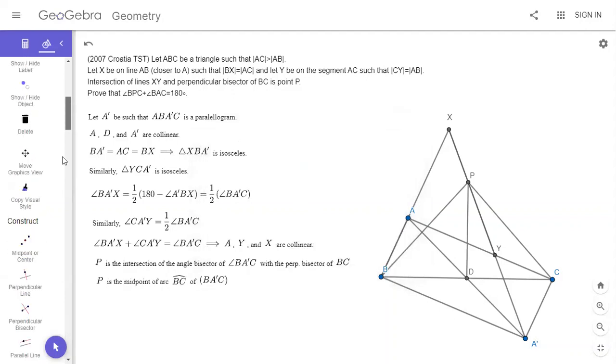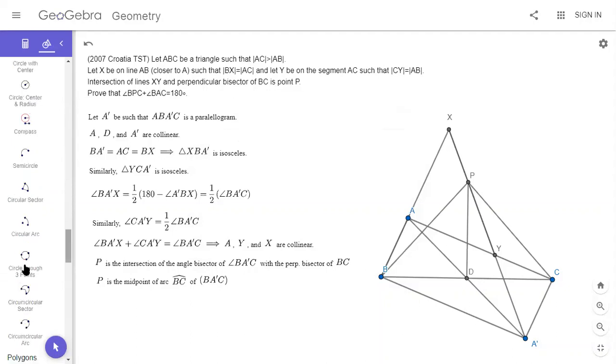So that means we can draw that circle, and that finishes off the problem. I'm going to write out the last step.